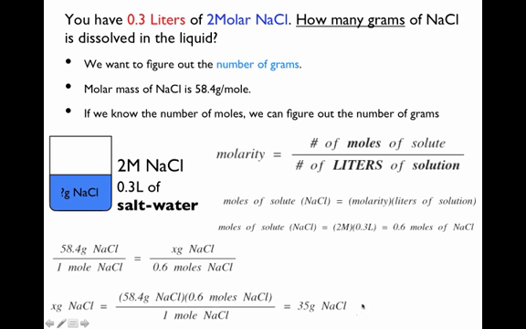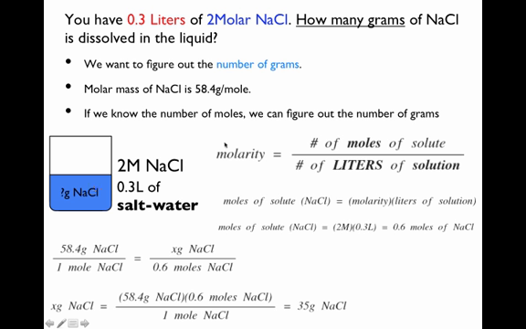So this is a long couple of steps to get to the answer, but you can get to it if you understand these concepts. The setup to the question was that we have a liquid that is 0.3 liters of salt water. We know the concentration of salt in the salt water mixture. It's 2 molar. The question is, how many grams do we have? Well, we can't figure out the number of grams directly.